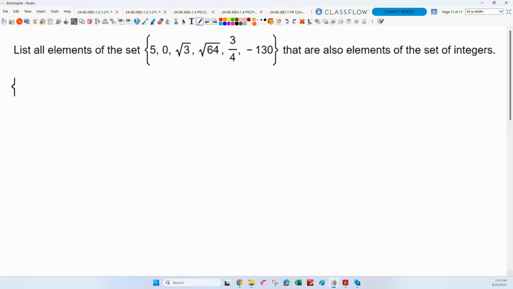Yes. Everybody vote. Thumbs up, yes, thumbs down, no. It is, yeah, absolutely. How about square root of 3, everybody? Nope. No good. Square root of 64? Yes, because it's equal to 8. So that one's okay, right? 3/4? Nope, because I've got that 4 in the denominator. Negative 130. Yeah, okay, it works. So those would be the answers.